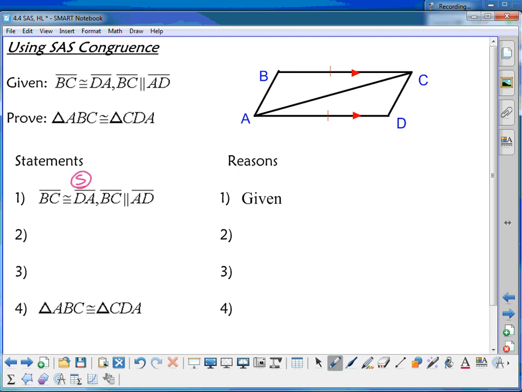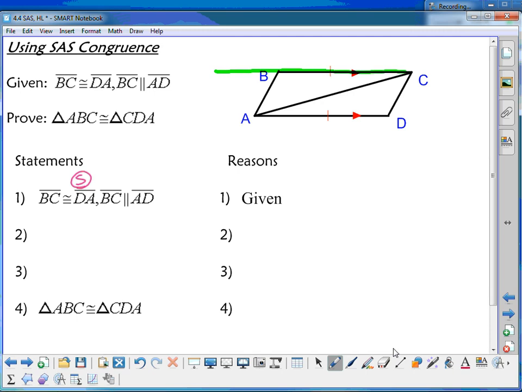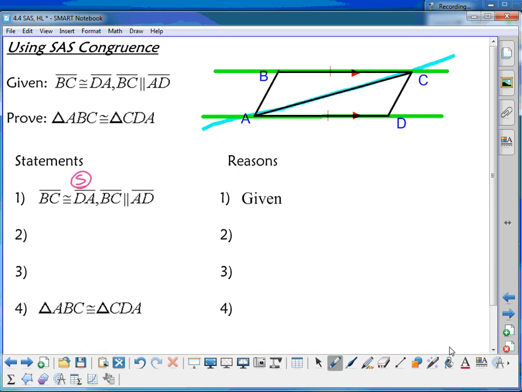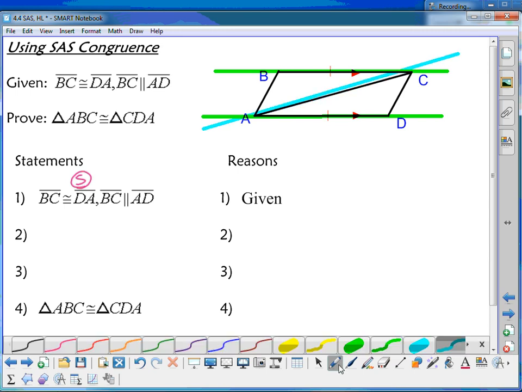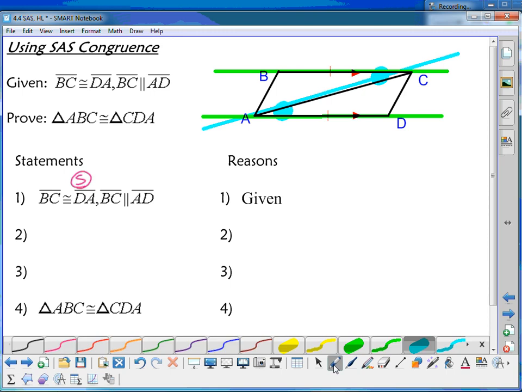Well, they told me that the lines are parallel, and they did that for a reason. If I go ahead and extend out my lines and try to visualize that, that's my parallel lines, and then here's my transversal. I know that alternate interior angles right here and here would have to be congruent by the alternate interior angle theorem.